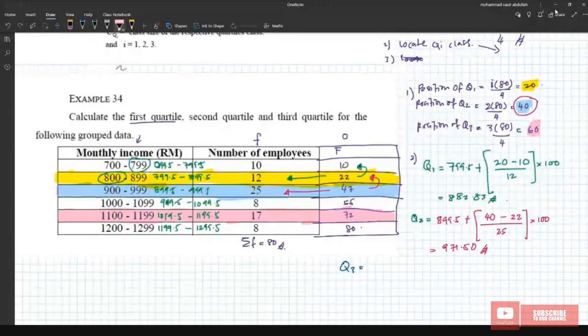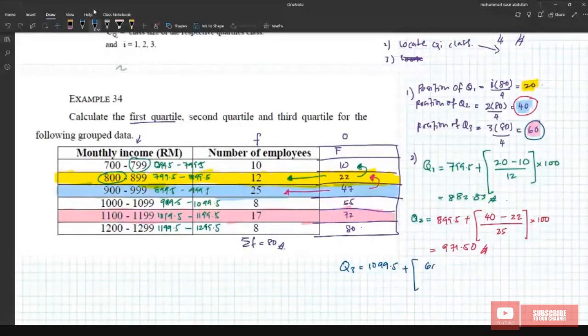Now the lower class boundary of quartile number 3 is 1099.5, plus the position of quartile number 3, which is 60, minus the cumulative frequency before quartile number 3, which is 55, divided by the frequency of quartile number 3, which is 17.